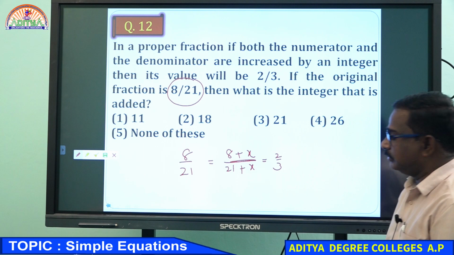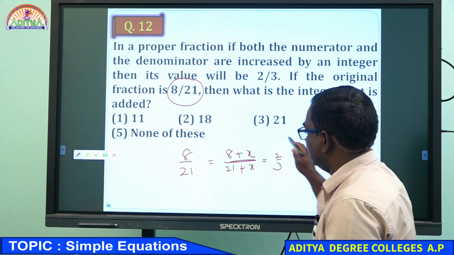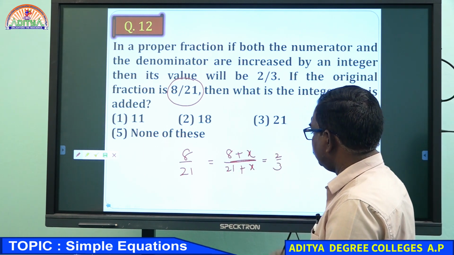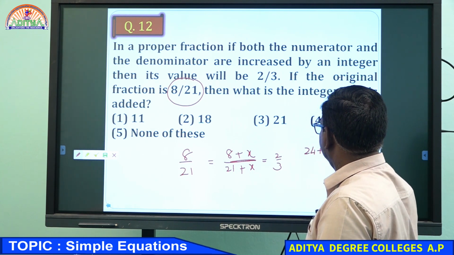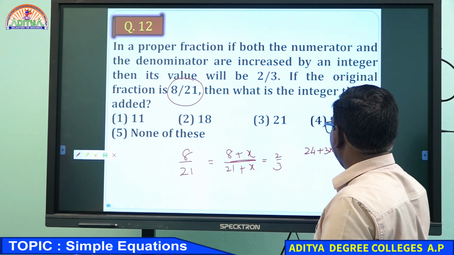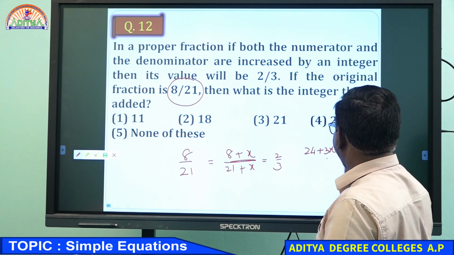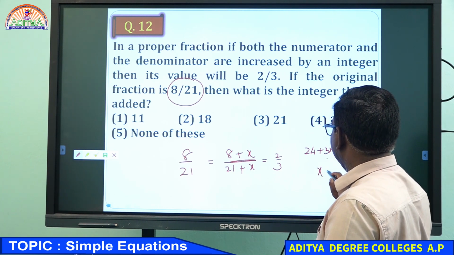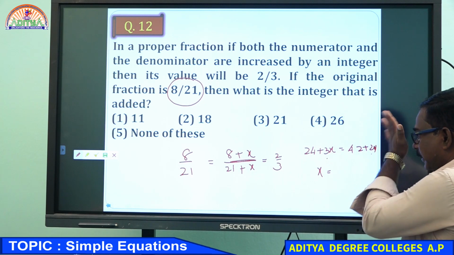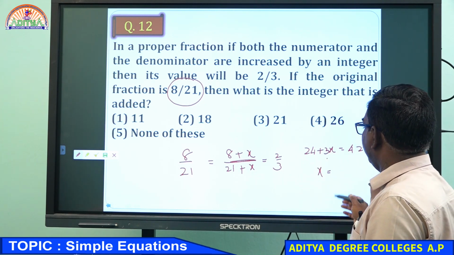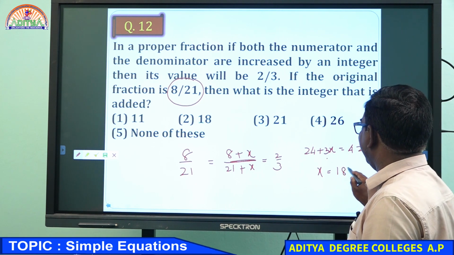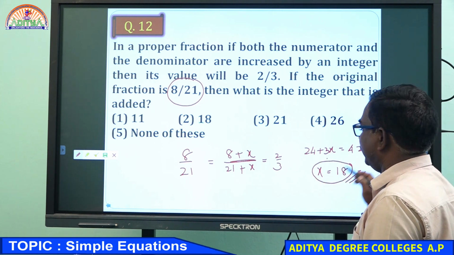Now solve this. 3 eights are 24 plus 3x, 2 twenty-ones are 42 plus 2x. Here 3x, here 2x, x will remain on transposition. 42 minus 24, that is 18. So the number is 18.